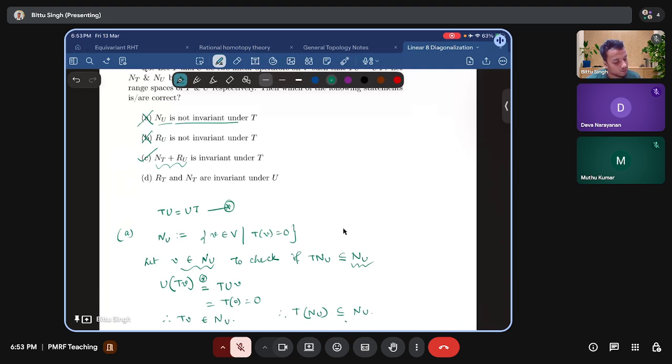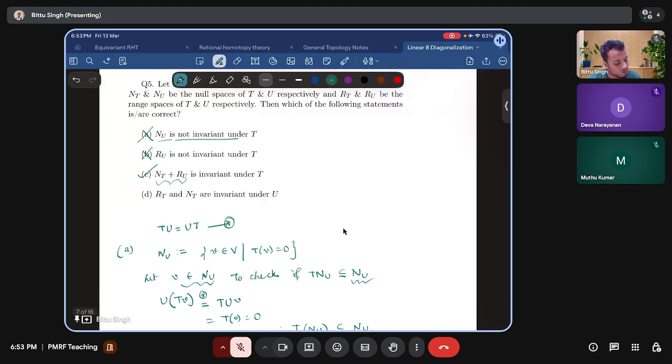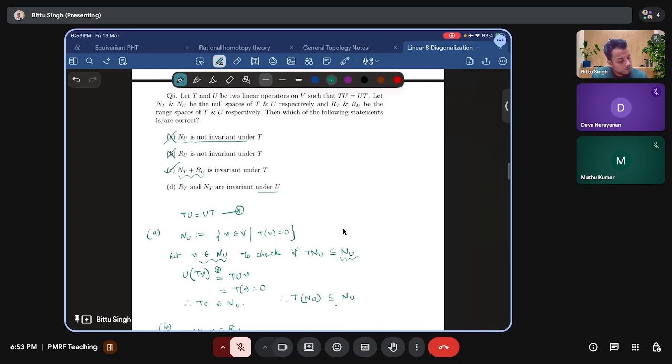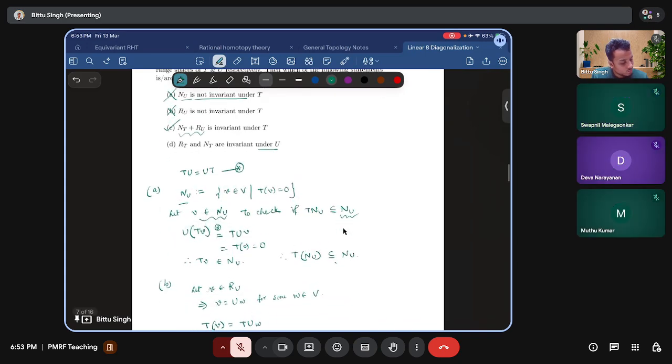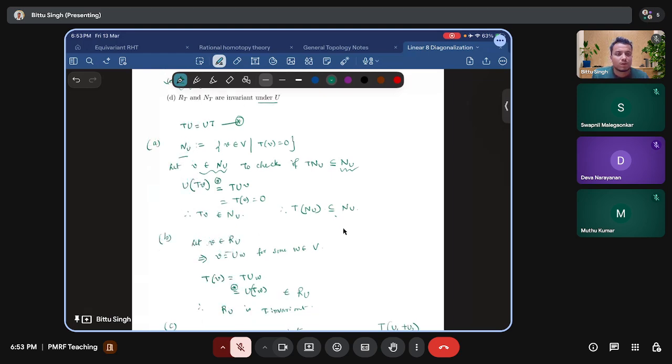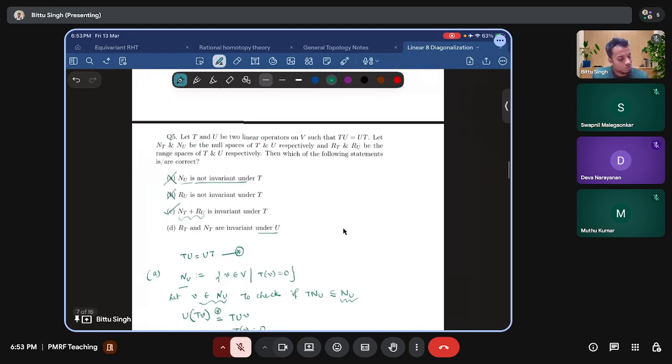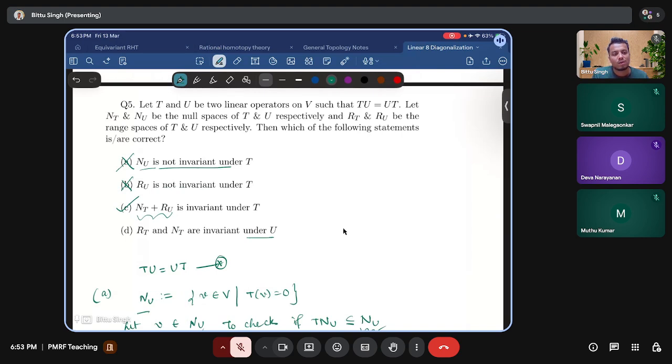Now what about RT and NT being invariant under U? Is it true? We have already seen that NU and RU are T invariant. So just change the role of U and T, because U and T satisfy a symmetric kind of relation.